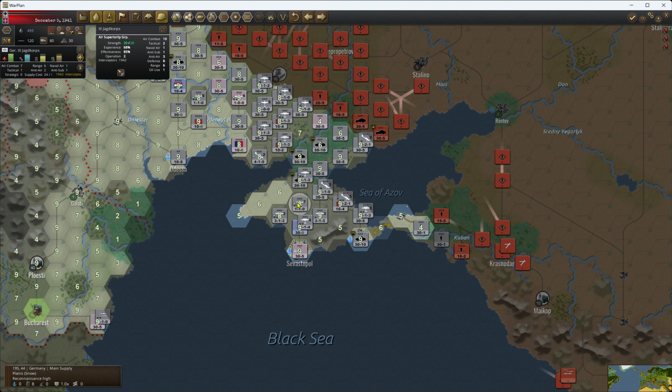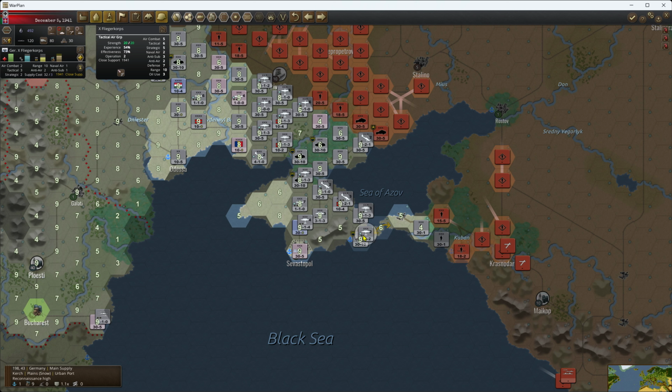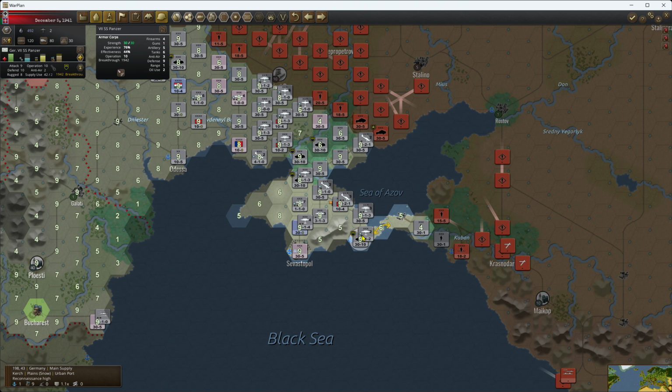Once I move these aircraft, they're probably going to stay fixed until... there's just no better places to deploy these guys. Now, I had some of these set.